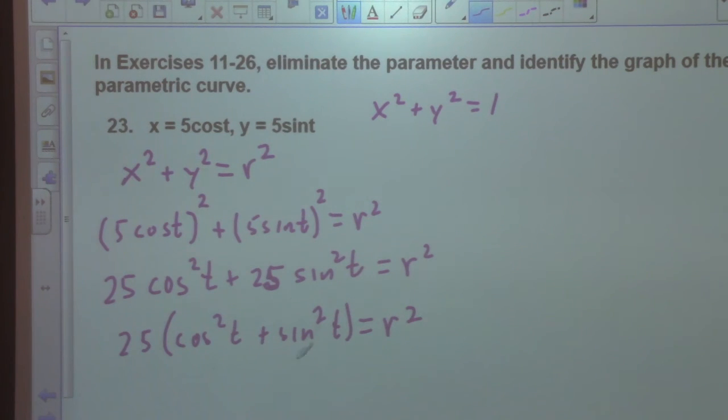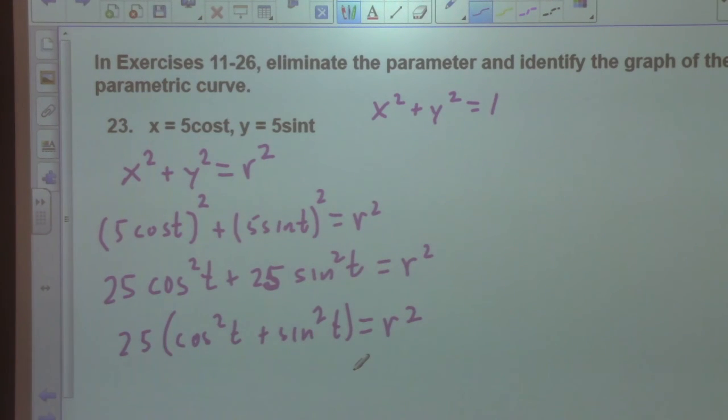What is cosine squared t plus sine squared t equal to? 1, right? But you knew that already. It's on your ACP formula chart. We're talking about the Pythagorean identity.